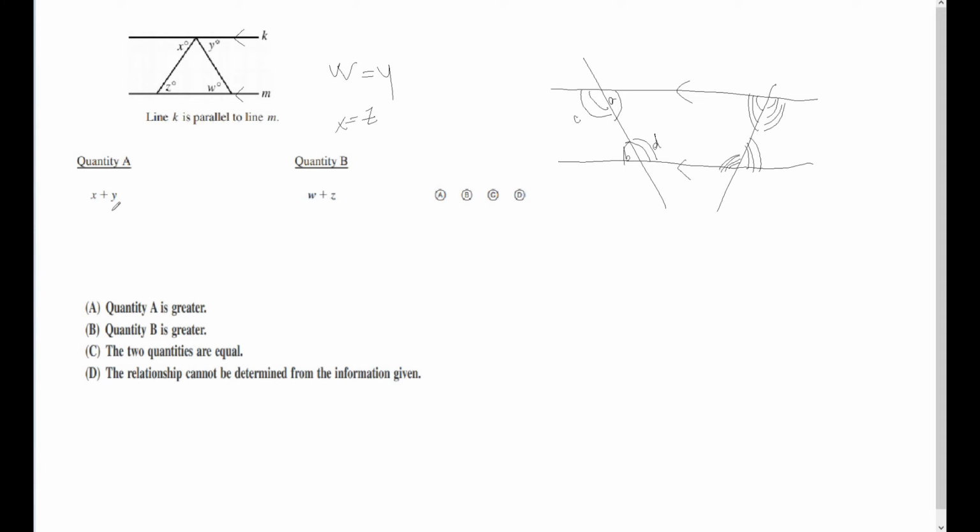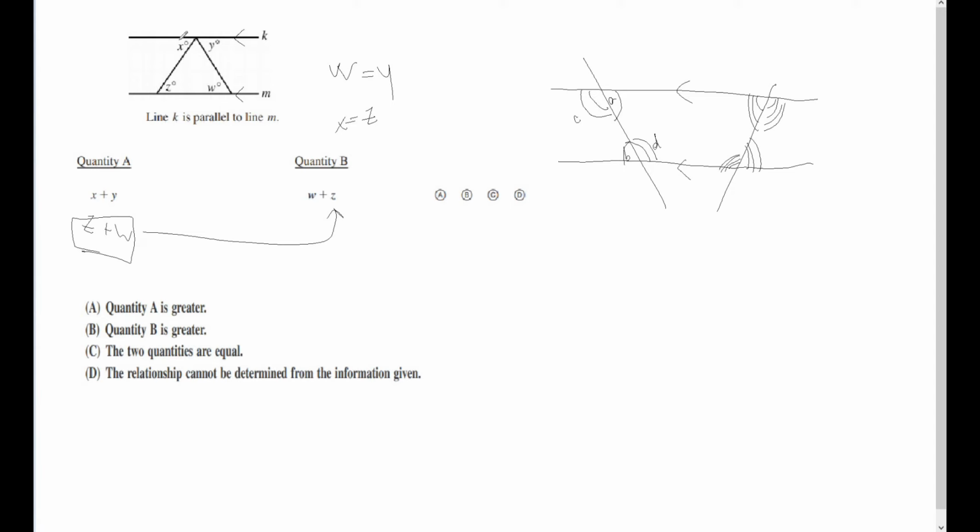So we can rewrite x plus y, if these equations hold, as z plus y is equal to w plus w. So this is this, and therefore what we're seeing is that quantity A is equal to quantity B, because x plus y is the same thing as w plus z, because x is the same thing as z in terms of degrees, and y is the same thing as w in terms of degrees.